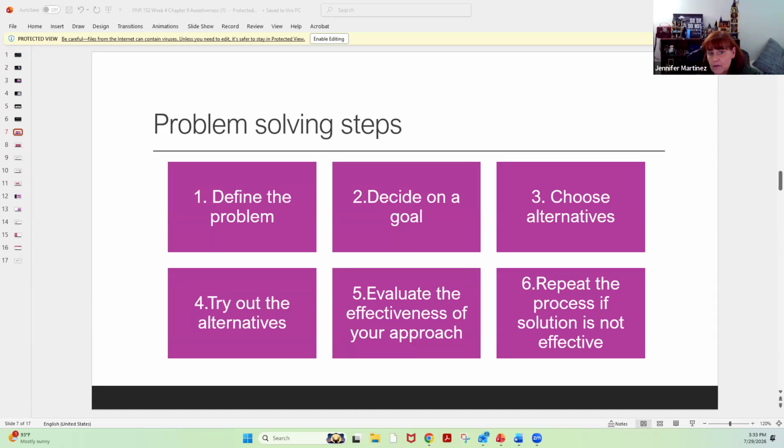Maybe it's going to take a little bit longer to fix this relationship between you and your coworker. When we decide on a goal, again, just like with the nursing care plan, it needs to be realistic, measurable, and time referenced. And then we choose our alternatives or our interventions, okay?